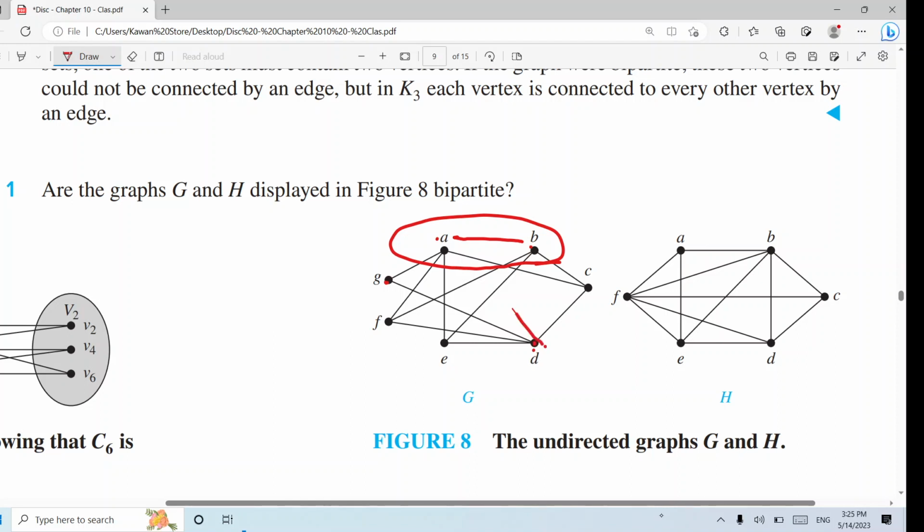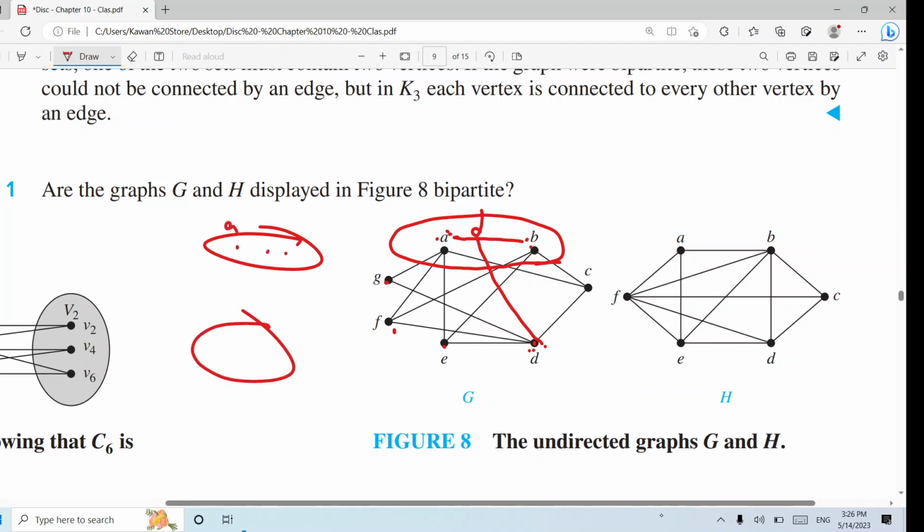So also I can bring D up, because there is no connection between D and A and B. How about E? No. How about F? No. You know what I mean? Here's the vertex here. They shouldn't be connected.